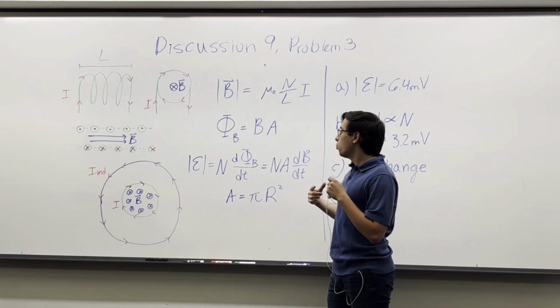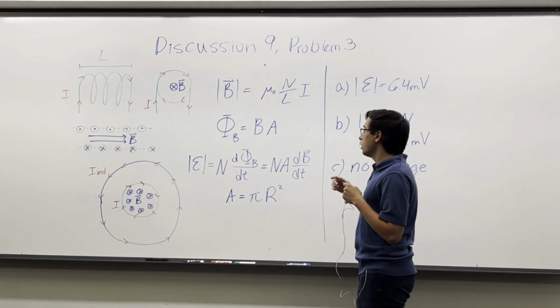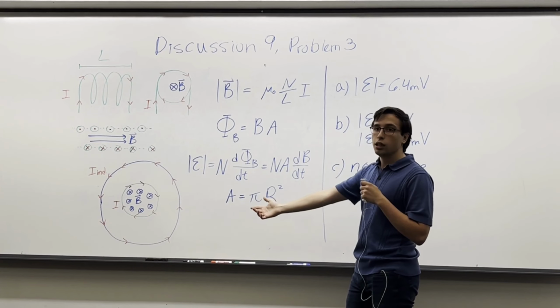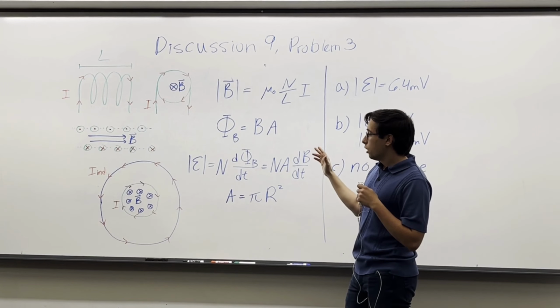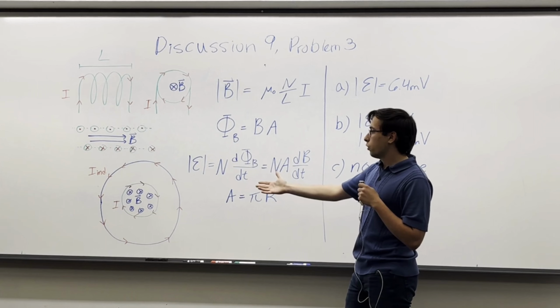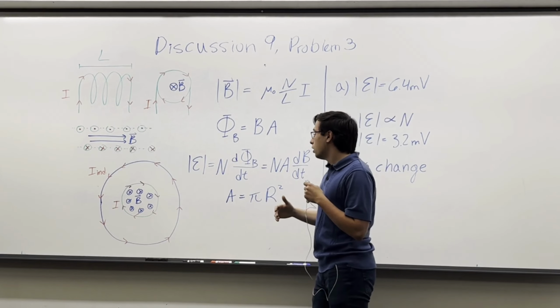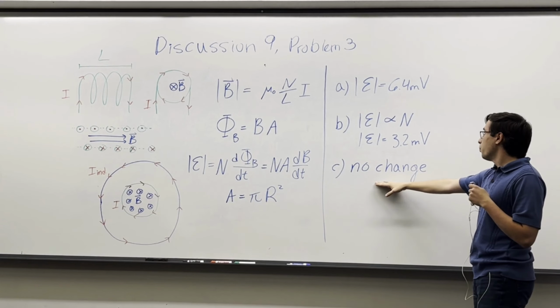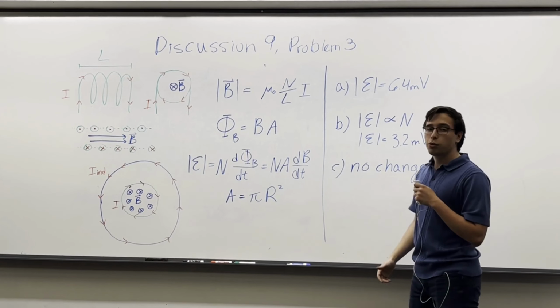But since only part of that area has a changing magnetic field, we actually only care about the area in green. And so even if we make the blue circle larger, the green circle will still be inside the blue circle, and nothing will change about the induced EMF. And so that's problem 3 for you guys.